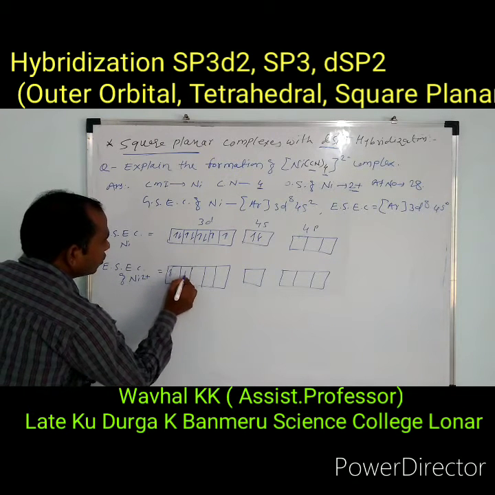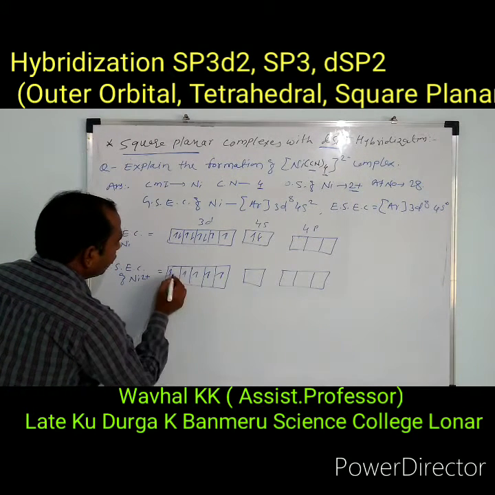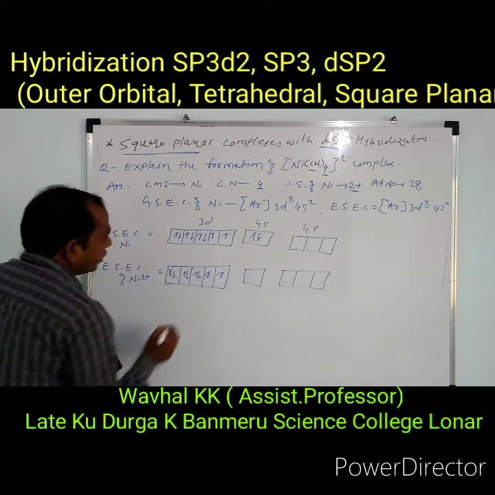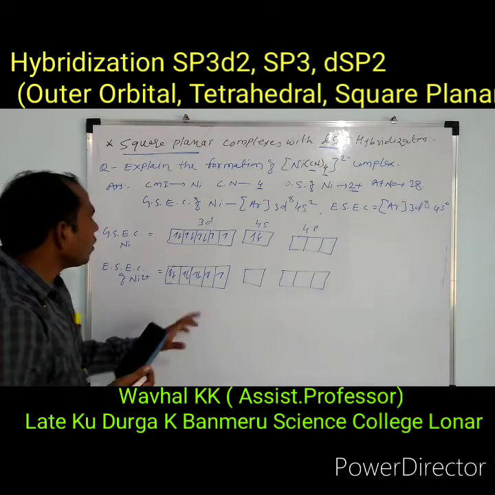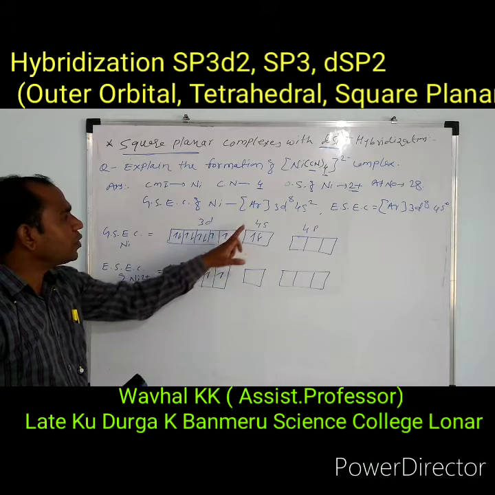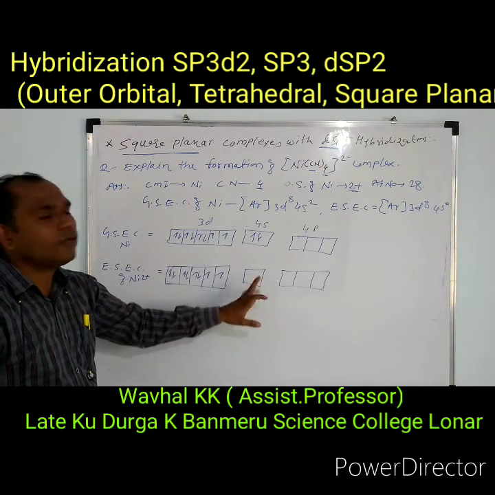Only 8 electrons are present in the 3d orbitals, and the 4s orbital is vacant.